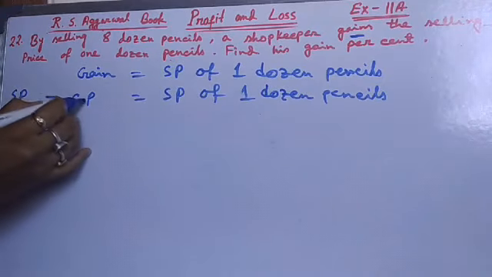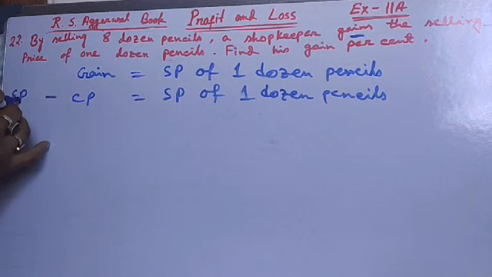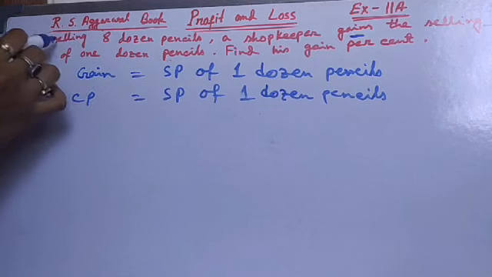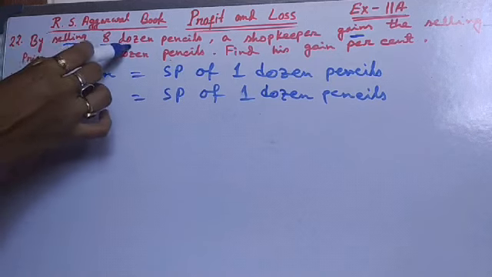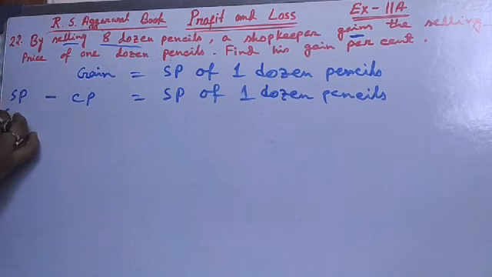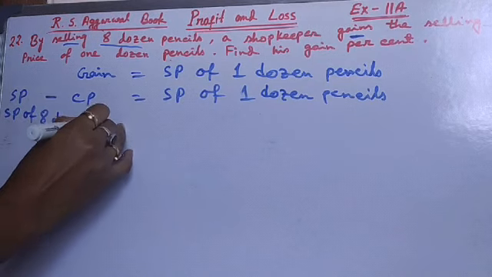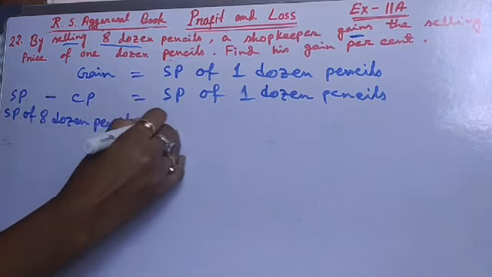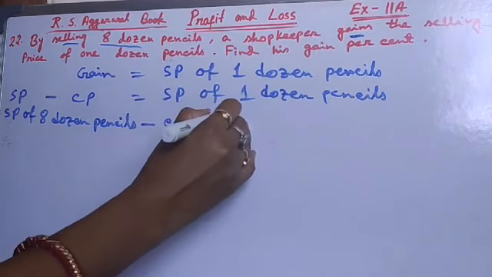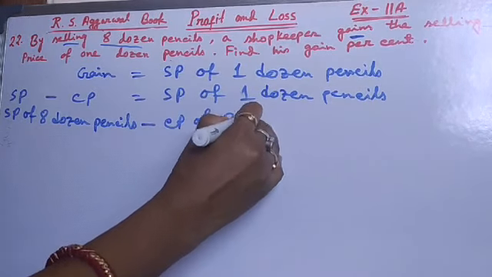Now here, SP minus CP is okay, but SP of how many dozen pencils? By selling 8 dozen pencils, that should be mentioned: SP of 8 dozen pencils minus CP of 8 dozen pencils.